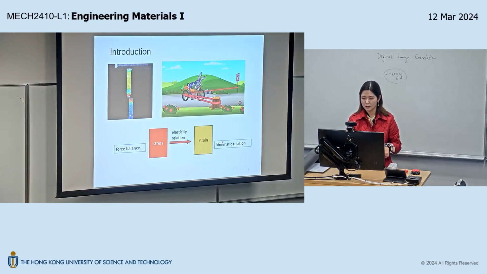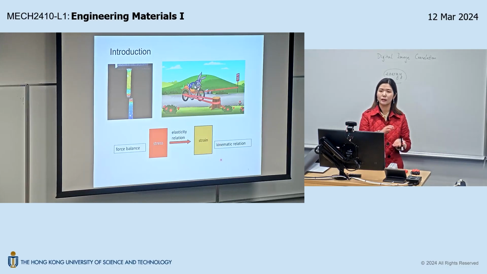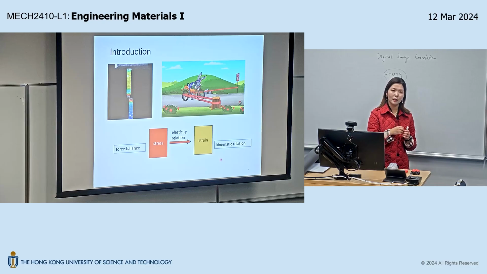Maybe you don't quite understand what the word kinematic means. Kinematic means geometric relation. So it's like if you study the force balance of a bar, and this bar is not one-dimensional, maybe it has some cross-sectional area.